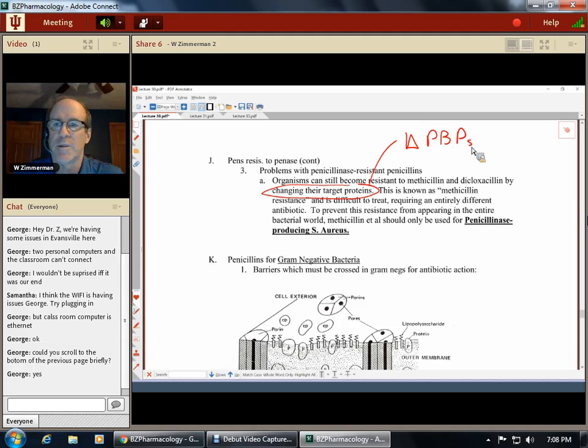You're going to need a completely different antibiotic. Usually it's VANC that gets employed. So we've tried to restrict the use of these penicillinase resistant penicillins, but it's spread. And now, of course, penicillinase isn't our biggest worry by far. There's other things that we worry about.